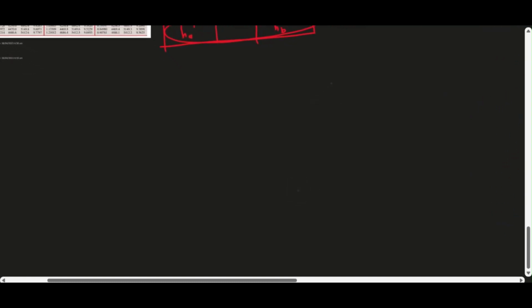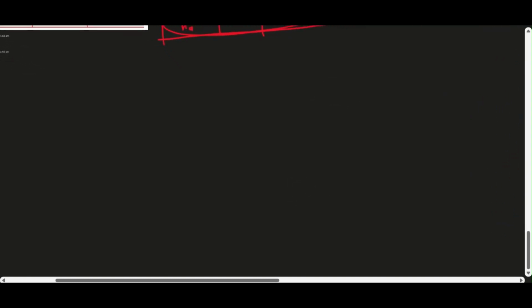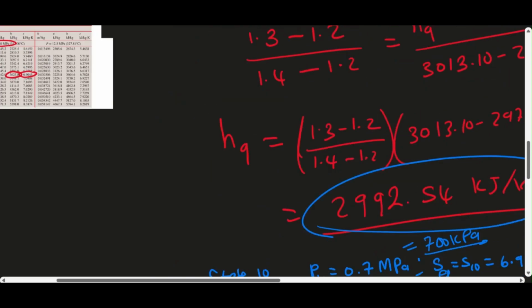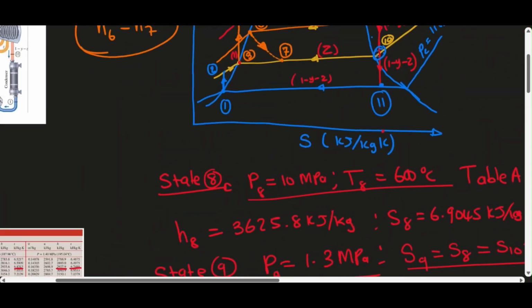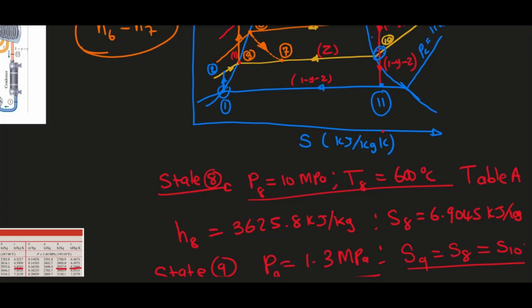So at step 1, what's happening at step 1? Observation is that the TS diagram tells us that we are at the saturated liquid. So we just read HF, which is equal to H1. We're done with step 1.